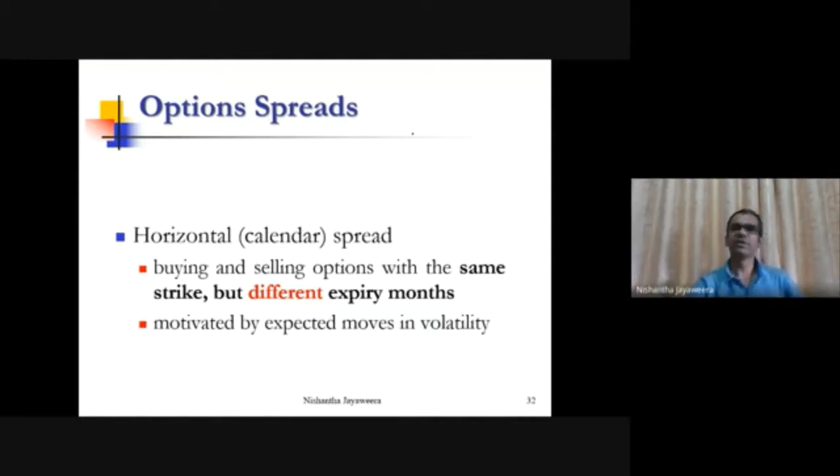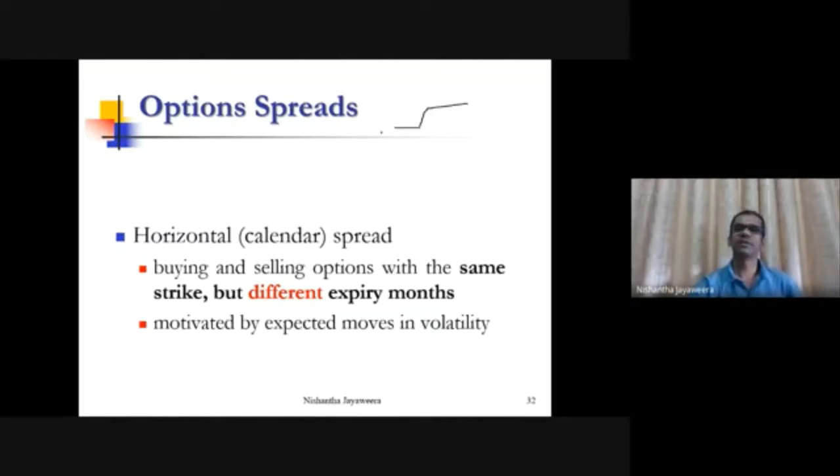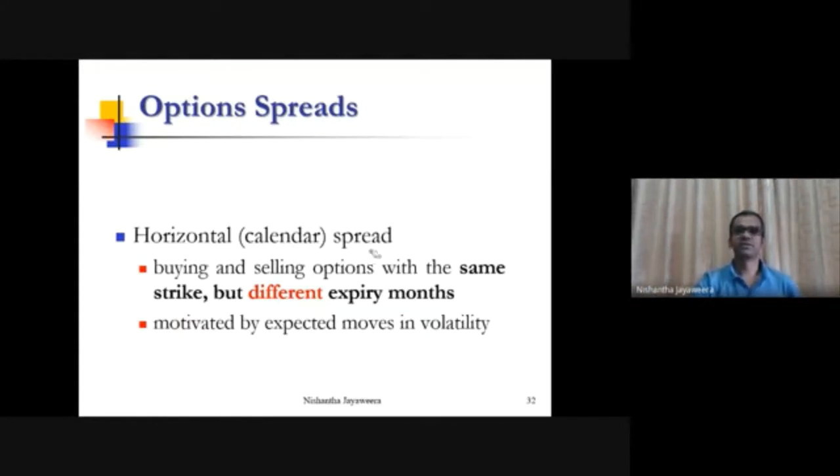Then the payoff, the profit diagram in a bull spread would be like this. In a bear spread, it would be like this. So that's the summary.